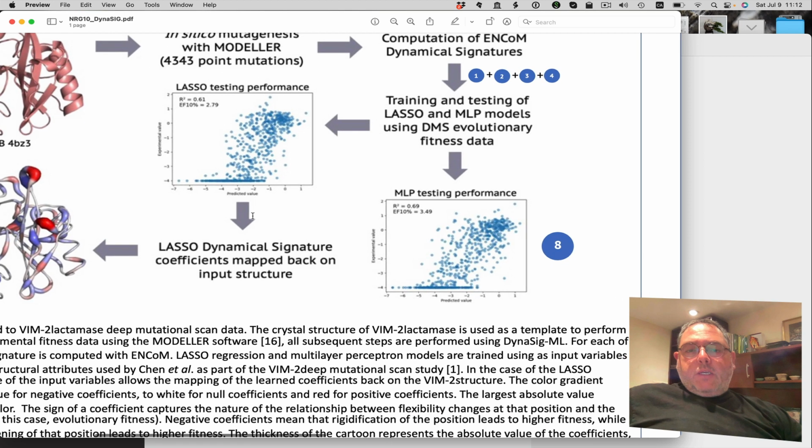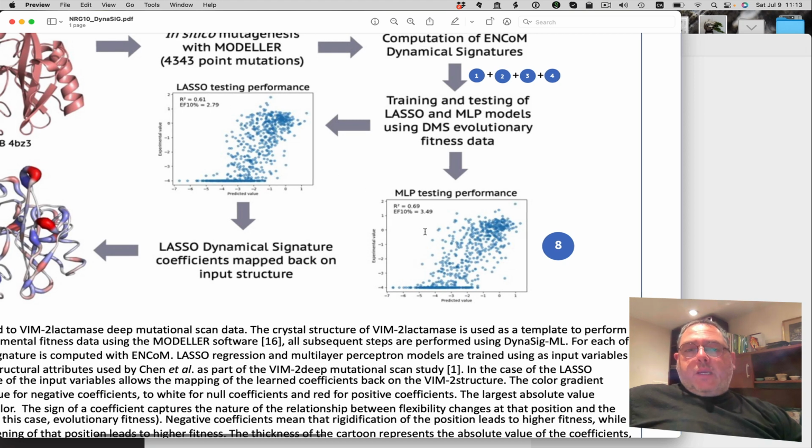The second thing that can be done with the dynasigML package is to generate a multi-layer perceptron, and that in general attains higher prediction accuracy, or it has higher predictive power than a linear model.